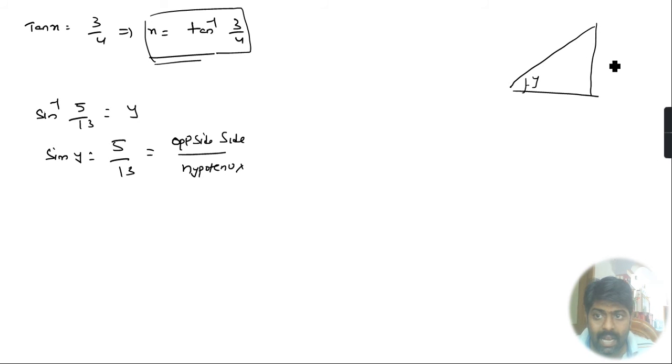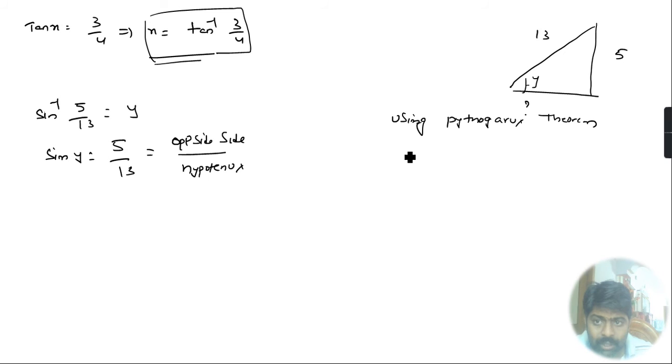This is y, the opposite side is 5 and the hypotenuse is 13, and we can find the remaining side using the Pythagoras theorem. What is the Pythagoras theorem? Hypotenuse square is equal to side square plus side square.